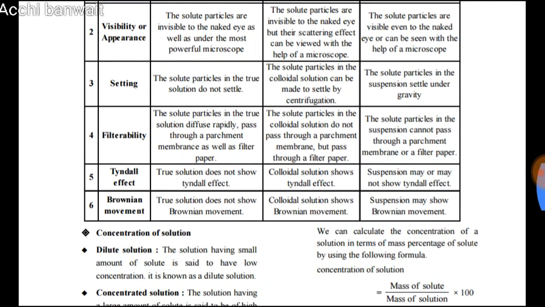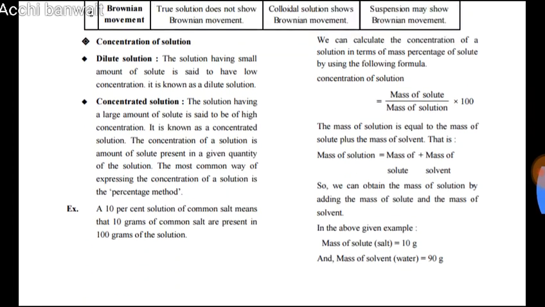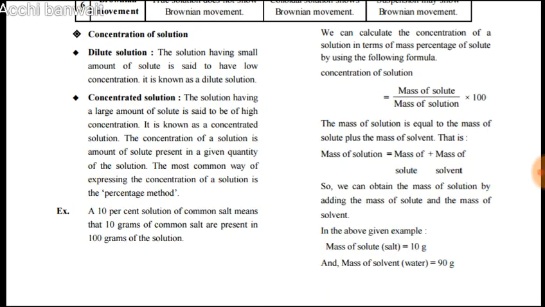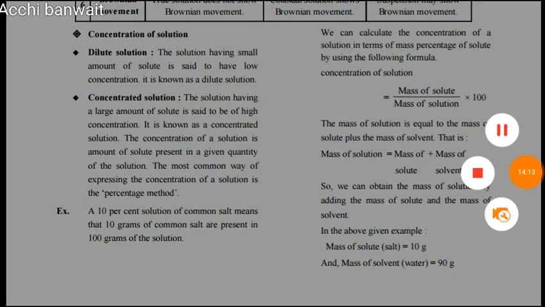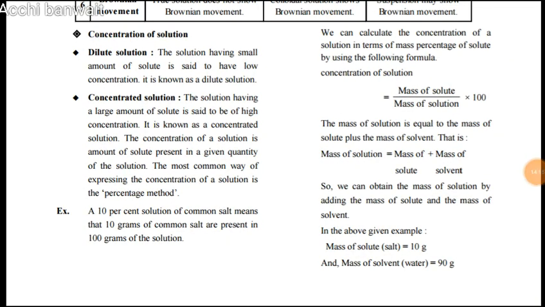Next we talk about concentration of solution. The first is dilute solution. A solution having a small amount of solute is said to have low concentration. It is known as a dilute solution.